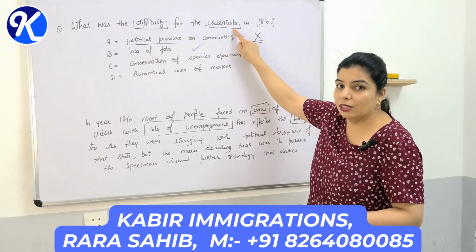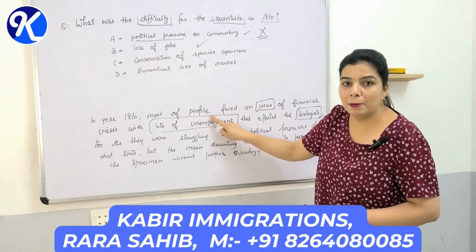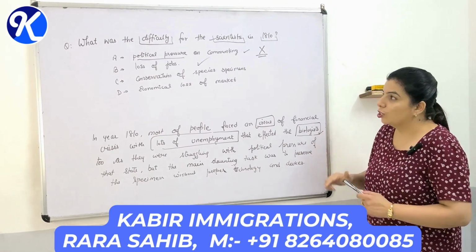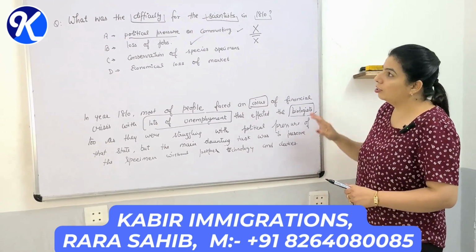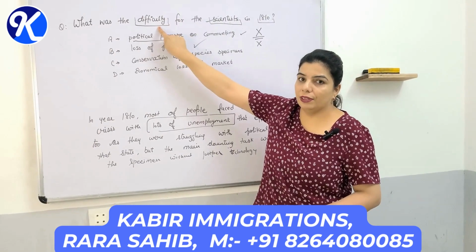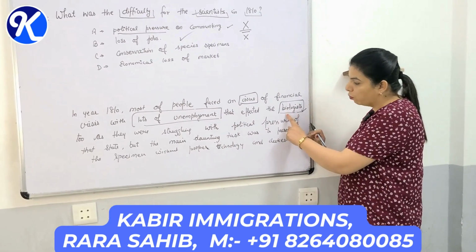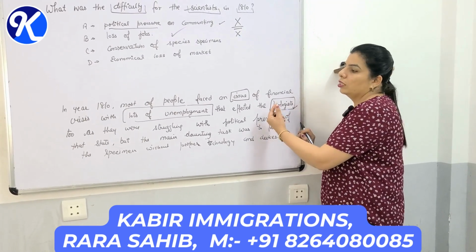They are asking difficulty for the scientist, not for the common people. That is before the third keyword. So it can't be the answer. I have applied three keywords: 1810, scientist, difficulty. This unemployment is a keyword which is before my third final keyword, scientist. So it can't be the answer.